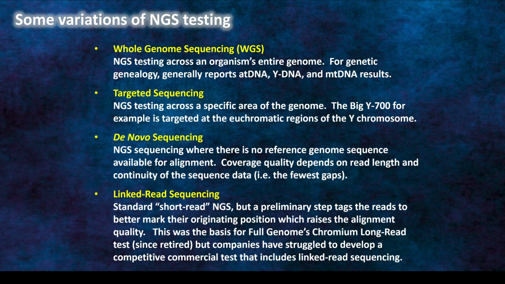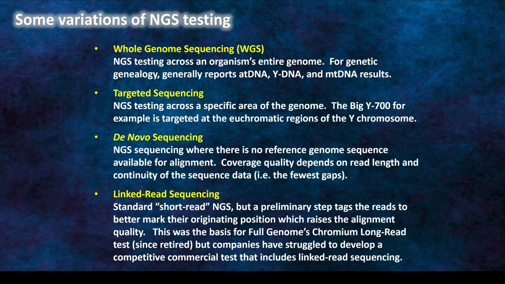The two that I don't believe have actual products available today, there's one called de novo sequencing. Most of the whole genome sequencing and targeted sequencing build the profile of your DNA as compared to a particular reference genome. In the current environment, that's HG38. There's a lot of people that have been talking about the telomere-to-telomere reference genome that's available now, but that's a different subject. I'll leave that for now.